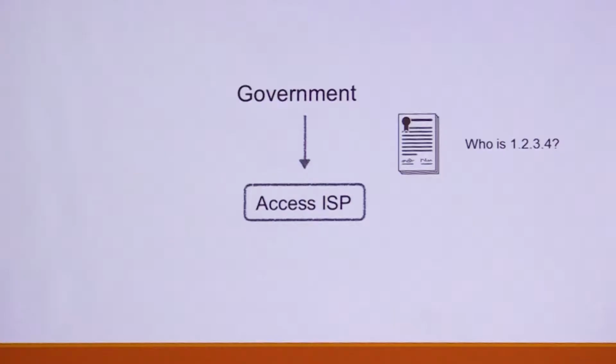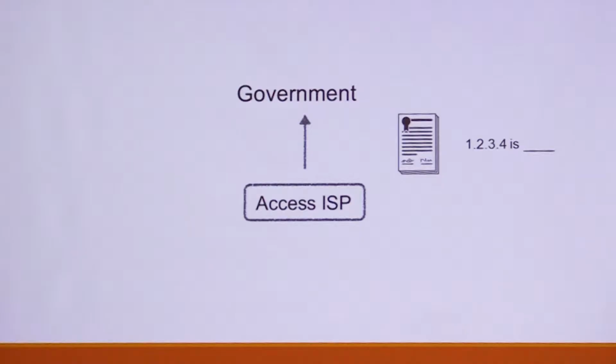Using free online resources, the government is able to identify the access ISP, right? So this is a Comcast user. This is a Verizon Wireless user. The government then goes to that access ISP, usually with a subpoena, saying, tell us who had this IP address at this time. And then the ISP keeps those records and is usually in a position to tell the government, here's who the person was. Then the government has identified the person, and can go do a traditional search and seizure, or all the other traditional investigative techniques. So that's usually how identifying an unknown person committing an online crime works.